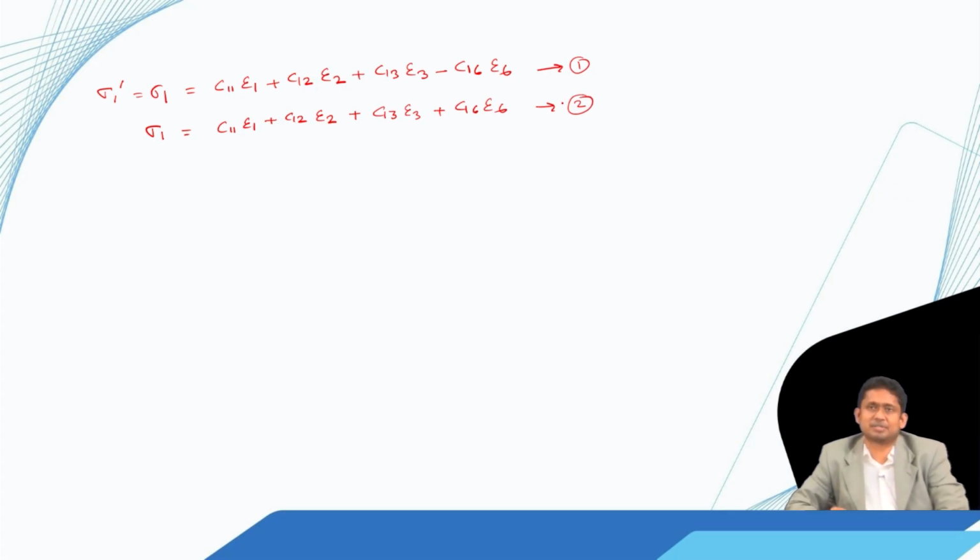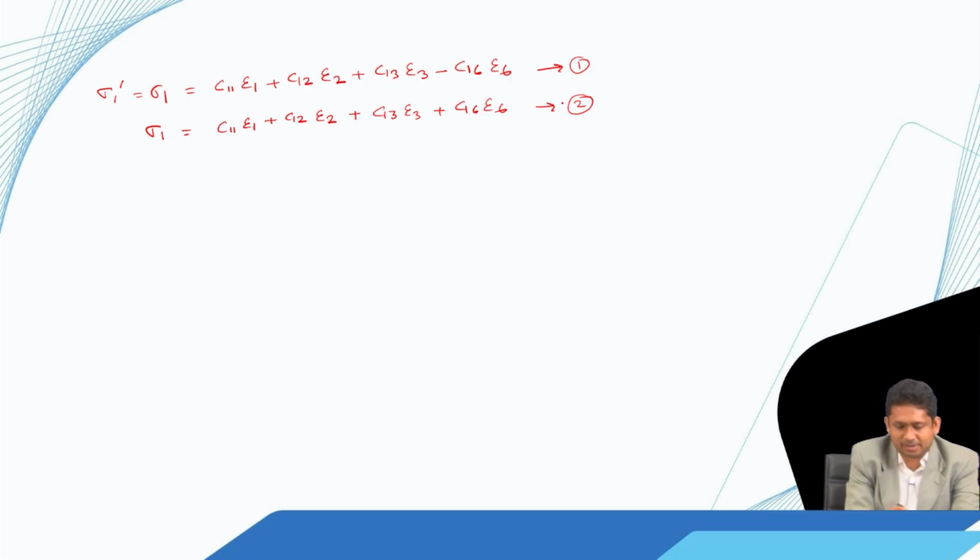All the terms that were found to be 0 because of the symmetry with respect to the 1 2 axis have been dropped here.